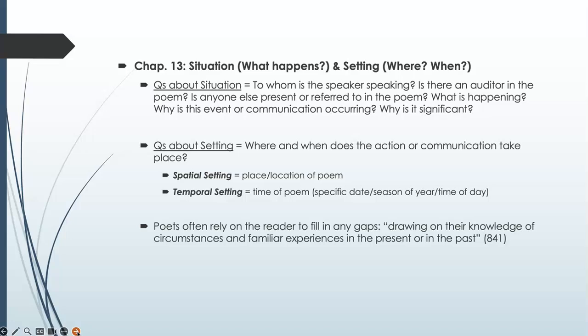If Amanda Gorman was writing a poem that she wanted to talk specifically about that day, at the top she might have put his inauguration day, right? Then we know there's no guessing about when and where we are. But traditionally, again, it's going back to drama a little bit, filling in the gaps, reading between the lines, and also coming to terms with the fact that sometimes we don't exactly know when and where we are, and that's okay.